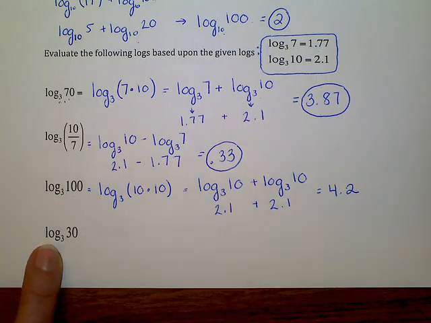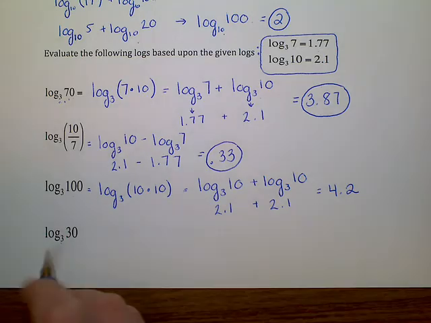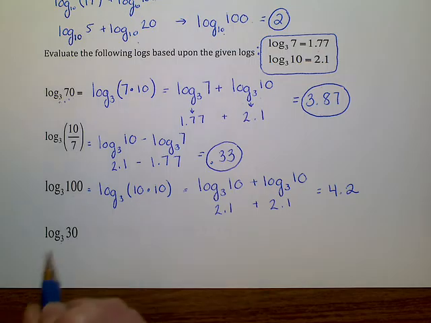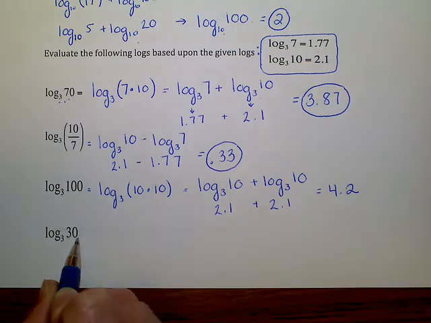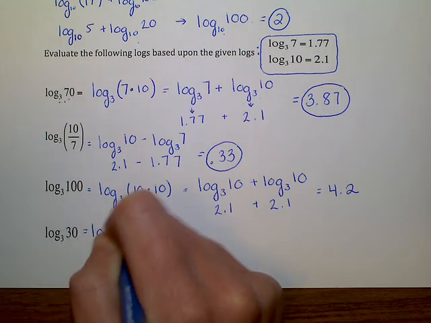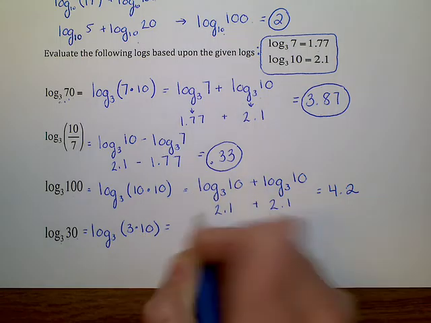Log base 3 of 30. Now 30, lots of ways to think of that. 2 and 15, 3 and 10, 5 and 6. Now as soon as I said 3 and 10, I think, wait a minute, I had a log base 3 of 10. So let's go that route.